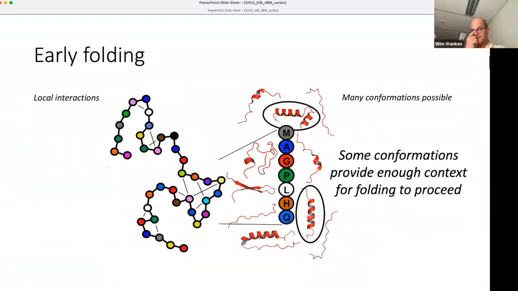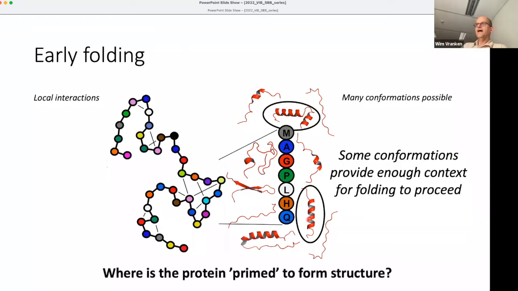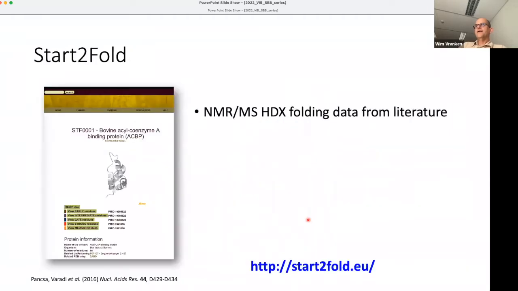So we thought, well, this is a good test case, because our predictions should be able to capture elements of early folding in sequences, because that's what we are doing. So what we did is develop a database called Start to Fold. I'm not going to get into the details.